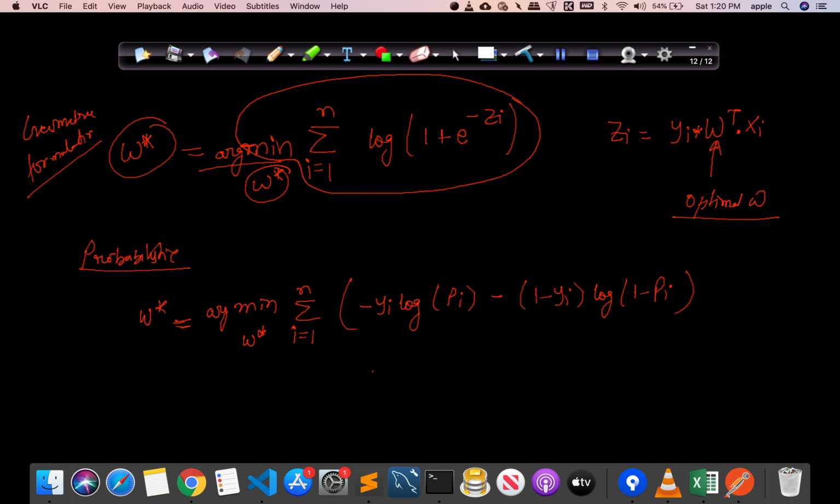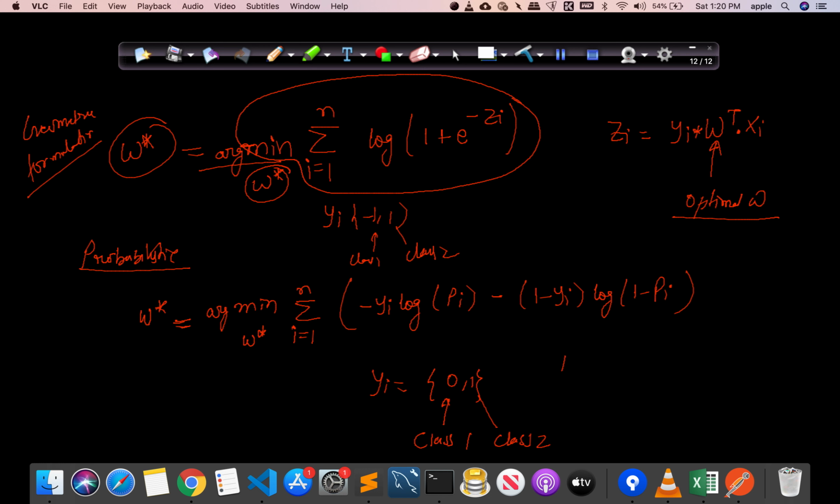What is yi here? Here yi is 0 and 1. And in the earlier equation, y was minus 1 and 1. Minus 1 was for class 1 and 1 was for class 2. And here minus 1 is replaced with 0, so this is the label for class 1 and this is the label for class 2.